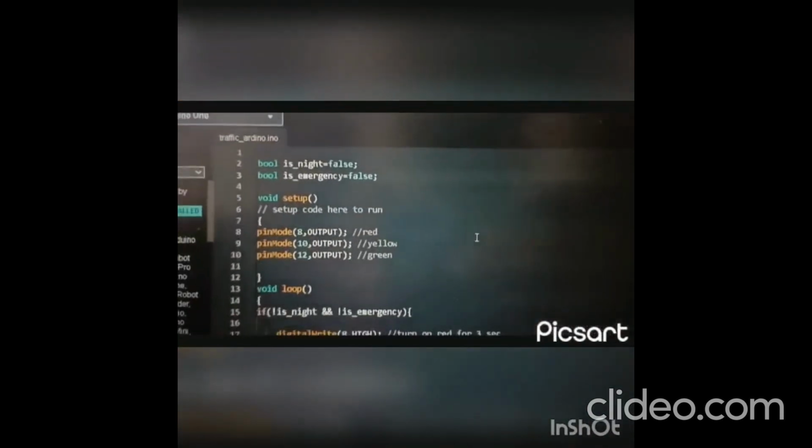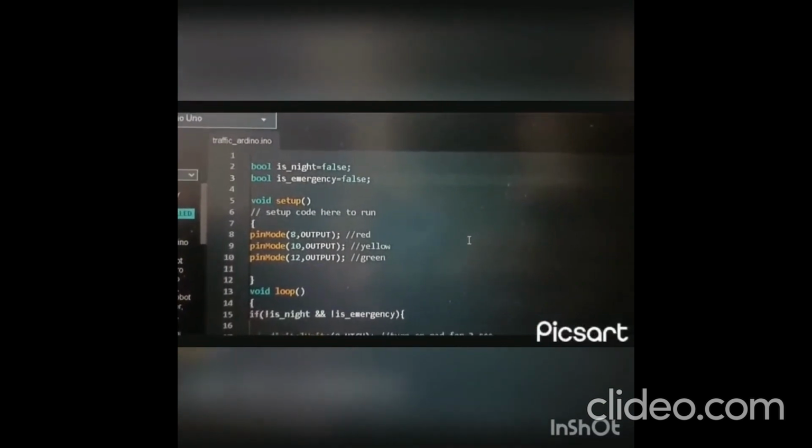Okay, so this is the Arduino kit setup, and this is the Arduino software, and we have the code over here. So this is the gist of the entire code. Over here, first the two variables are false: night, it is the daytime, and it's not an emergency, so both variables are false.